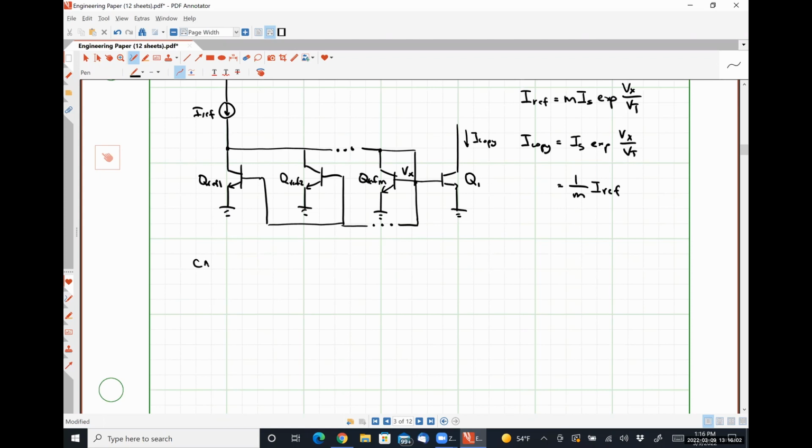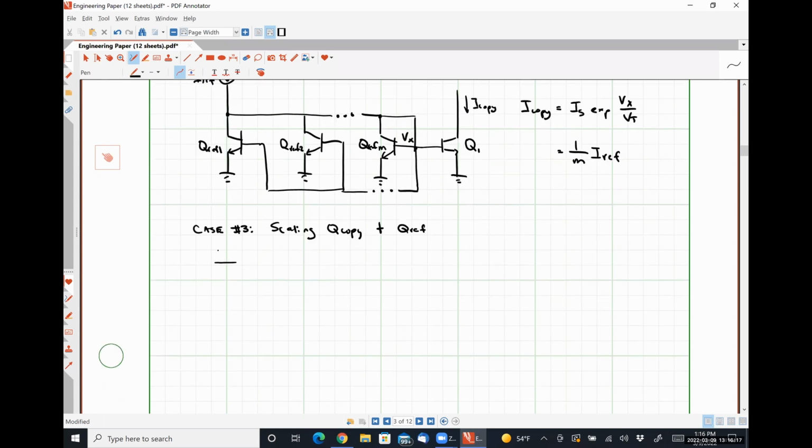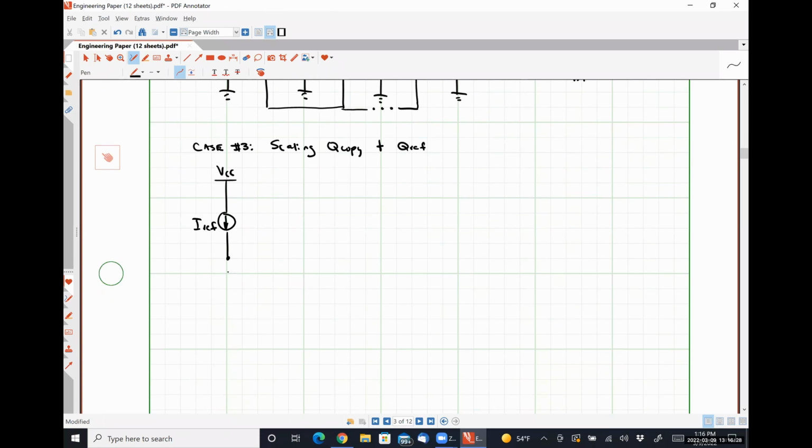So case number 3, scaling Q copy and QREF. This would look like VCC, IREF goes here. Here's Q ref 1.